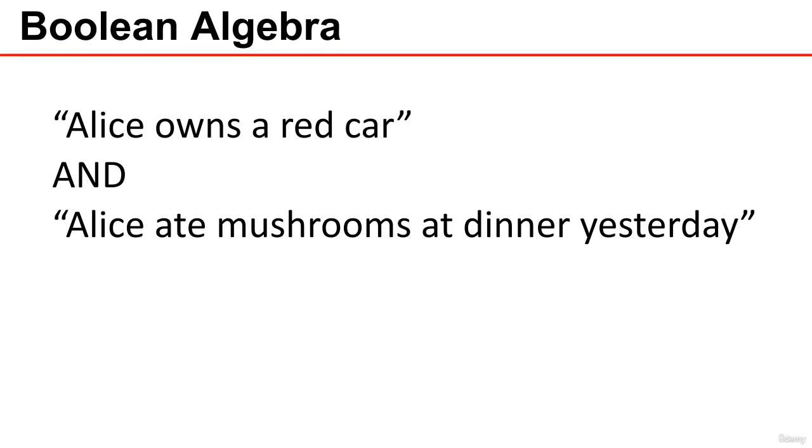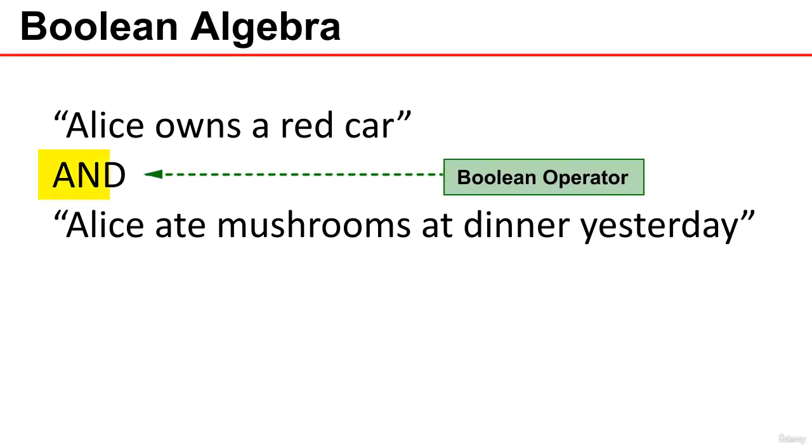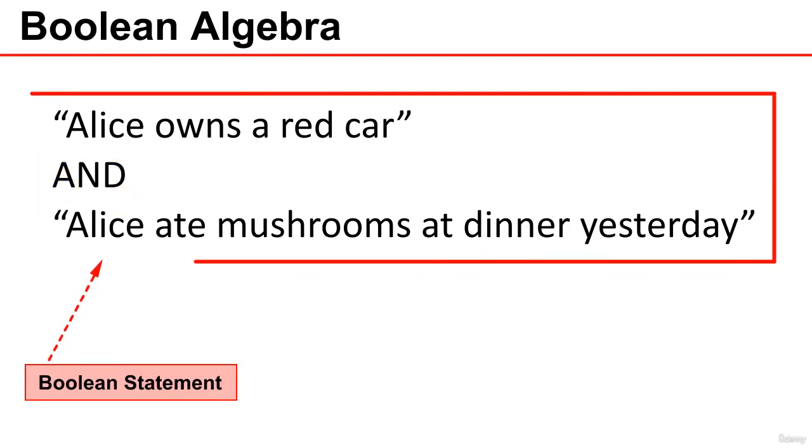Alice owns a red car and Alice ate mushrooms at dinner yesterday. The Boolean operator AND combines two different Boolean statements. The combination is also a Boolean statement. The combination statement can be either true or false.